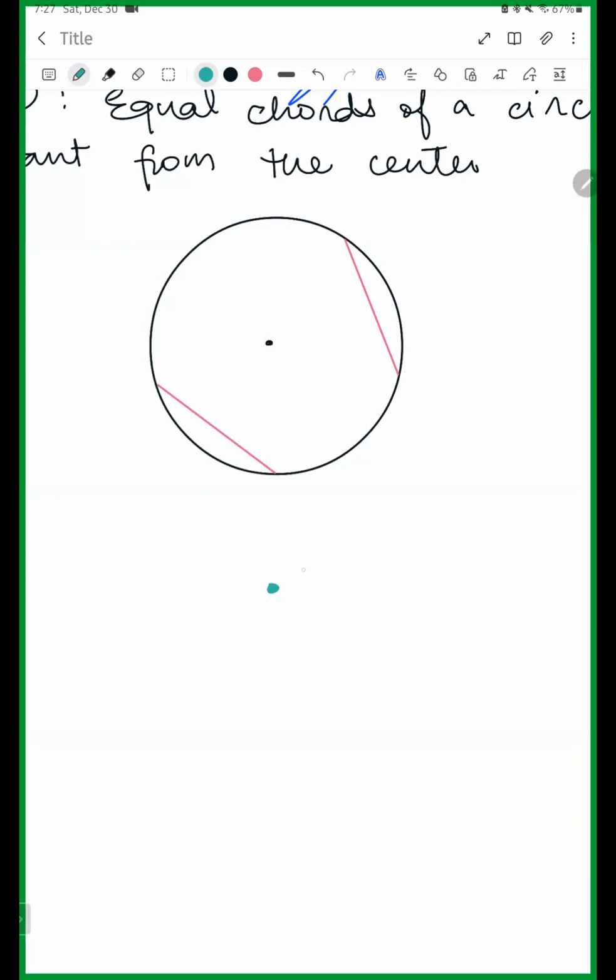What if it's a point and a line? The distance between a point and a line is the shortest distance. You can say it is this distance, or this distance, or this distance.